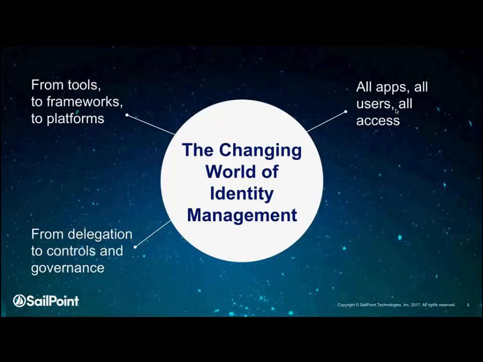Security is the principle of the weakest link, and so the things we don't have governance over are inherently that weakness. And this makes what we do here in identity and access management an essential part of the critical infrastructure. It's now integrated with everything, and it's a truly strategic part of how we all do business.